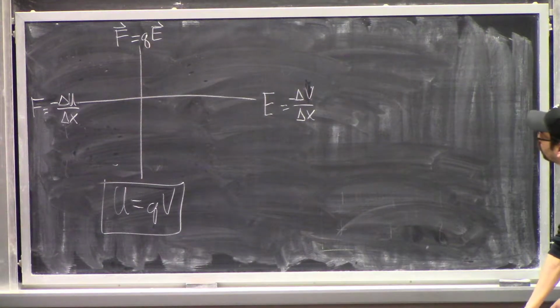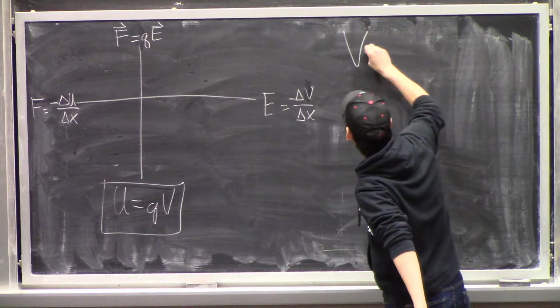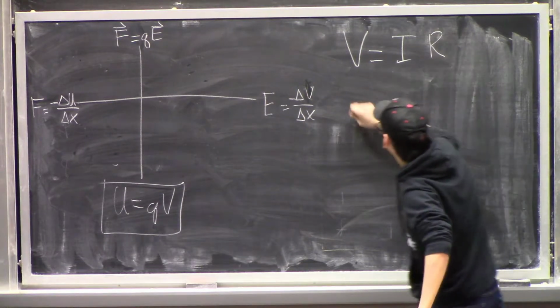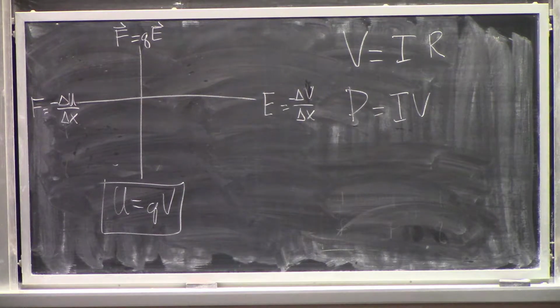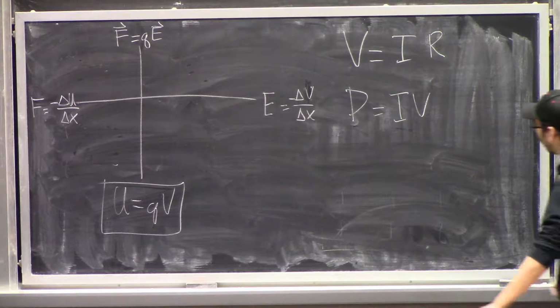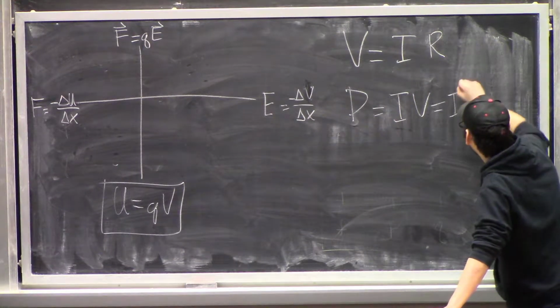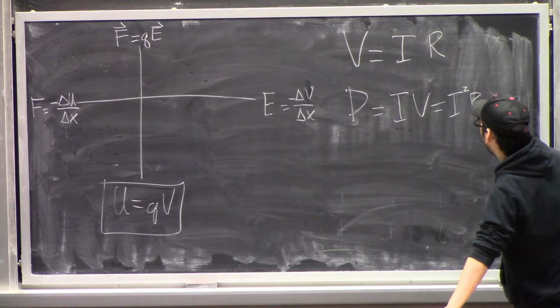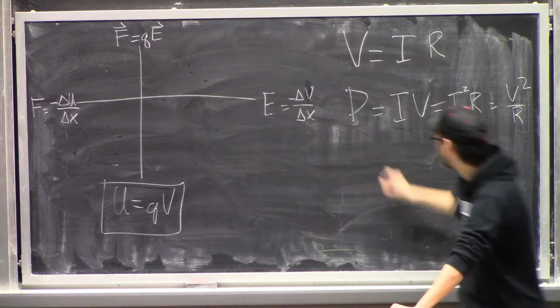The other things from last test you need to make sure that you remember are all of the equations that relate circuit elements, okay? So Ohm's law, V is equal to IR, P is equal to IV, which is the power dissipated by some circuit element, which can also be written as I squared R, and can also be written as V squared divided by R. And then your capacitor ones too.